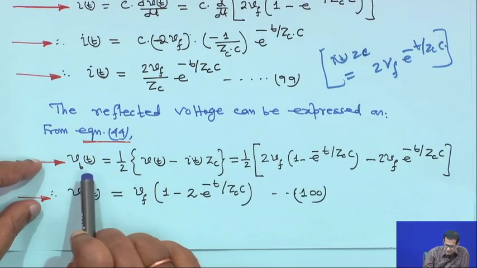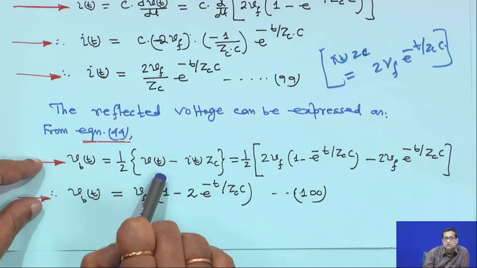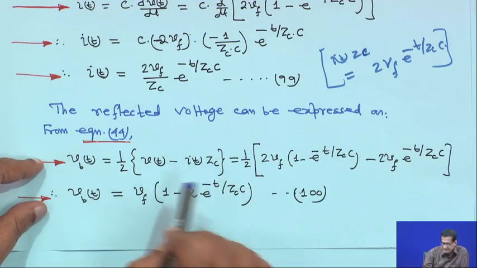So directly we write that Vbt is equal to half, from equation 44, of Vt minus It into Zc.